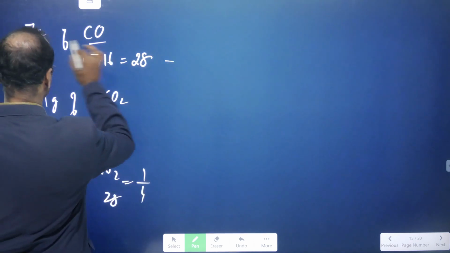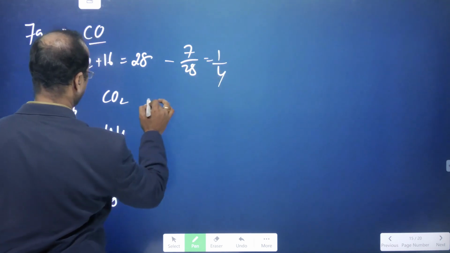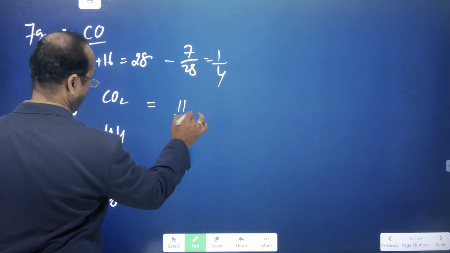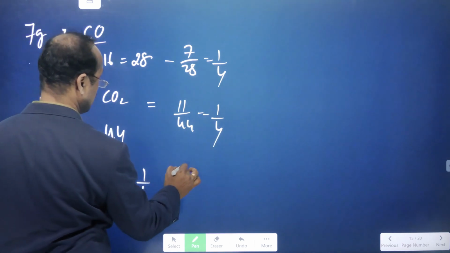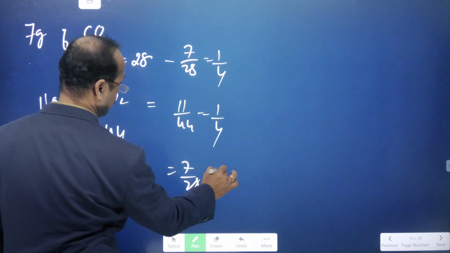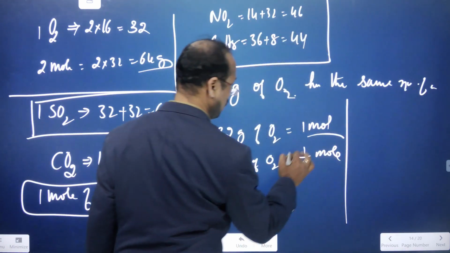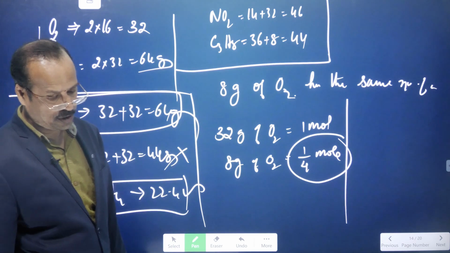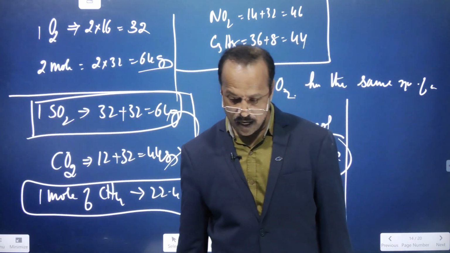In all the cases, you are getting 1 by 4. So the option is all of these.